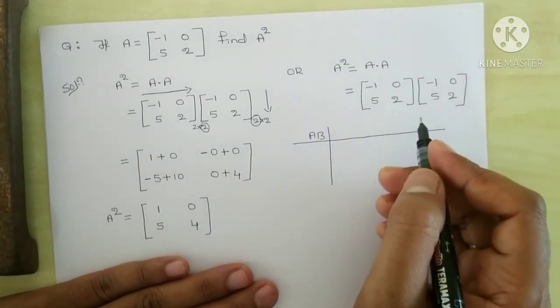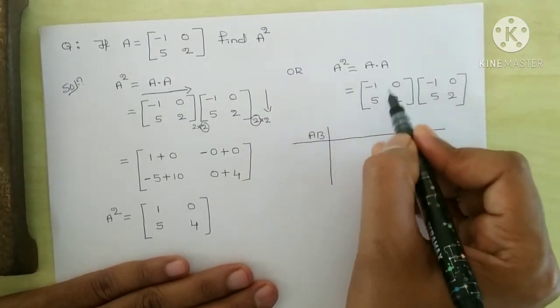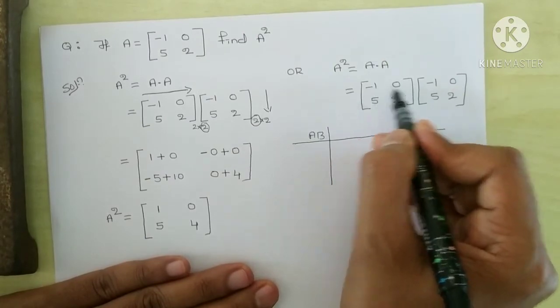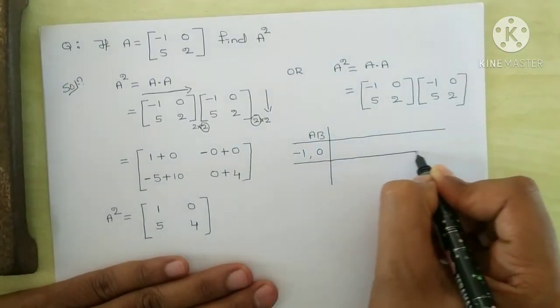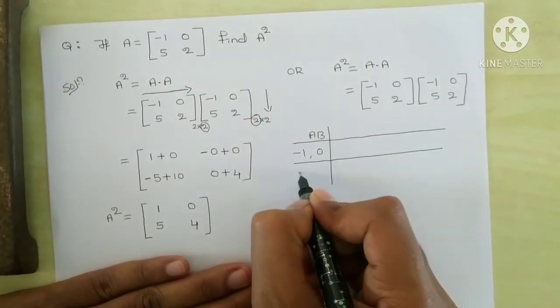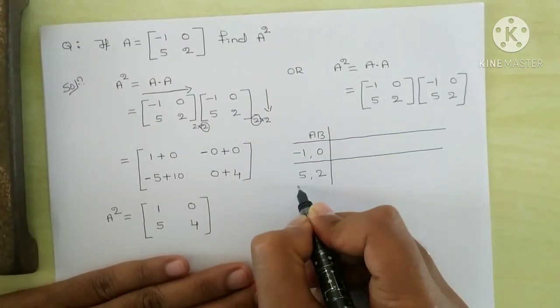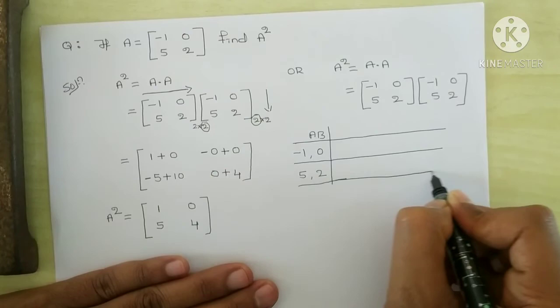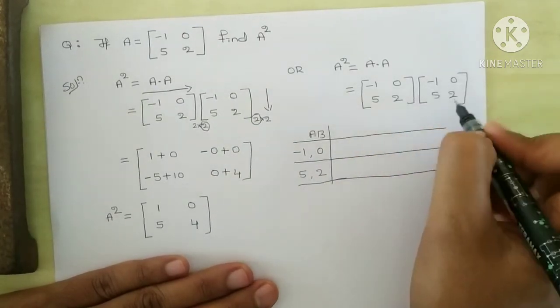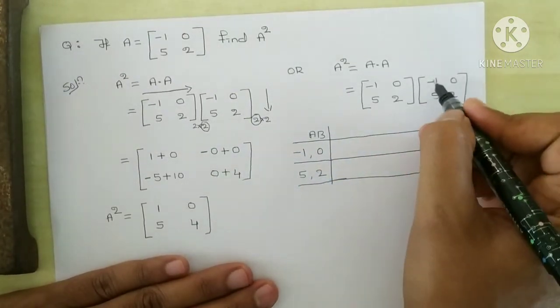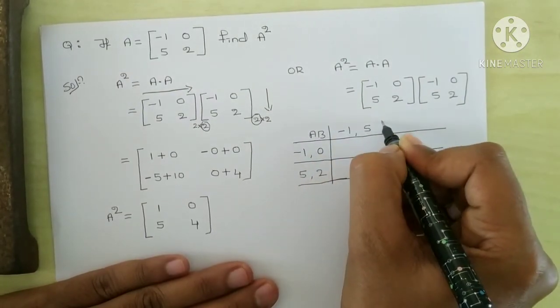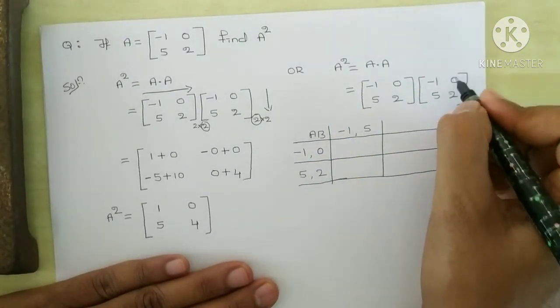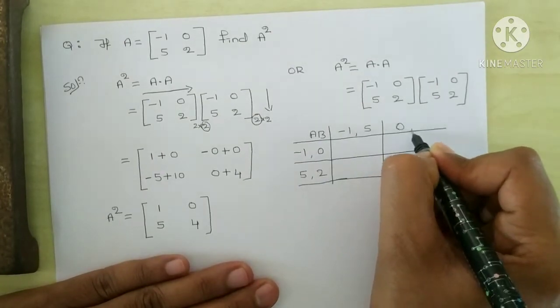The first matrix's rows you have to write down. A is the first matrix. First row is minus 1, 0. Put one line. Second row is 5, 2. Over. Here, for the second matrix, columns you have to note down. The first column is minus 1, 5. Second column is 0, 2.